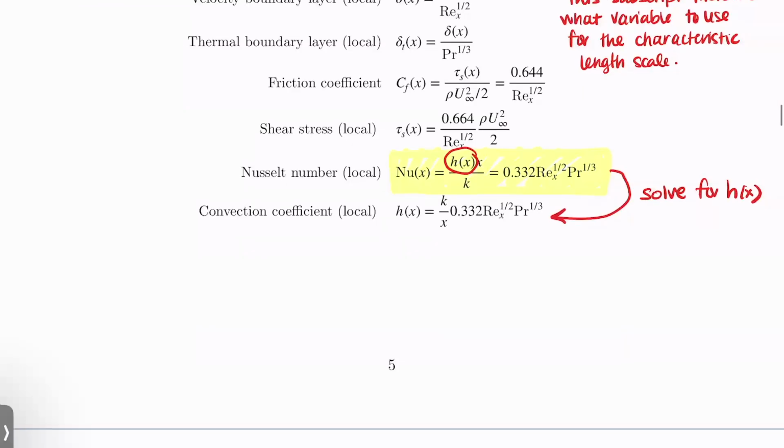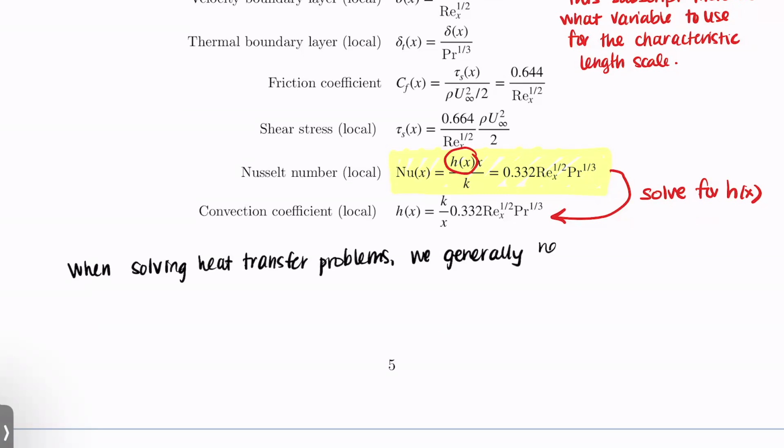Just a little note here. When solving heat transfer problems, we generally need H. We have Nusselt number is H times X over k, and this is equal to 0.332, Reynolds number to the 1/2, Prandtl number to the 1/3.